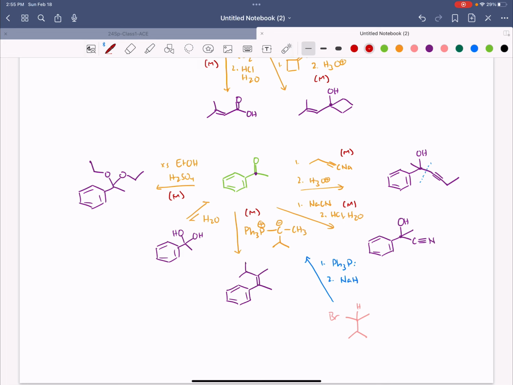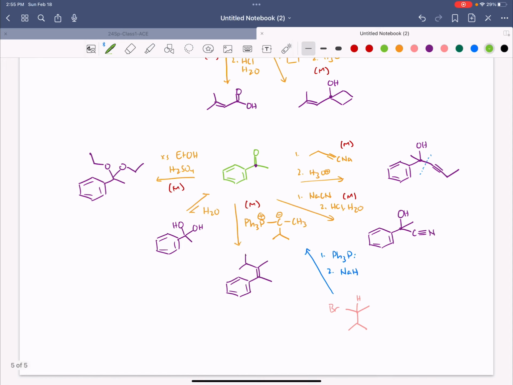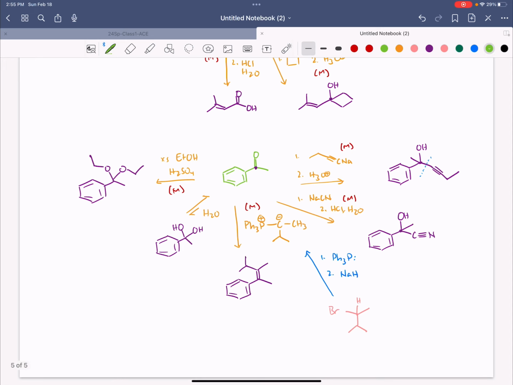Next, we have a kind of offshoot of this, which is the formation of the hemiacetal, where we stop at the hemiacetal. And we're going to use a molecule that has an alcohol and a carbonyl in the same molecule. And so the classic example, I do want to keep it on this page.